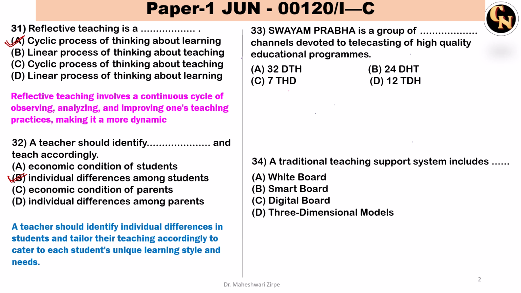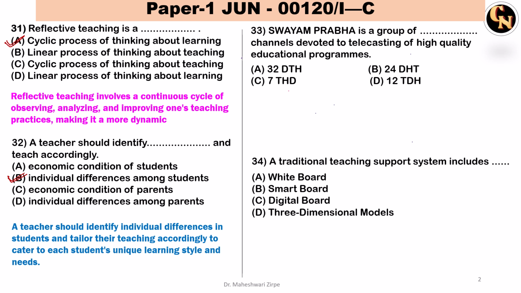A teacher should identify individual differences in the students and tailor their teaching according to each student, because each student is unique, and according to the student's uniqueness, the teacher should try to tailor her or his teaching and cater to the students. That is the reason in colleges we have slow learners, medium learners, and advanced learners, and we plan the activities according to these students.